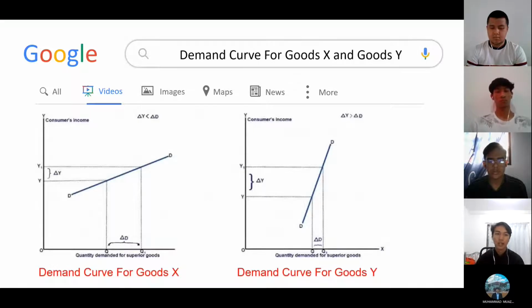Next, we can put the calculation on a graph just like this. The left graph is for good X, where the more income you get, the more quantity demanded. While for good Y, the more income, but the increase in quantity will be less.